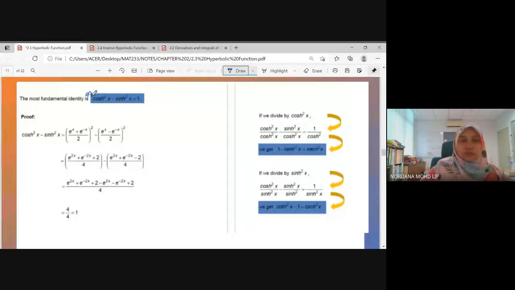Hyperbolic cos and hyperbolic sin. So hyperbolic cos, okay, we use this equation. Hyperbolic sine equation. This equation. Cos is plus and the hyperbolic sine is negative.